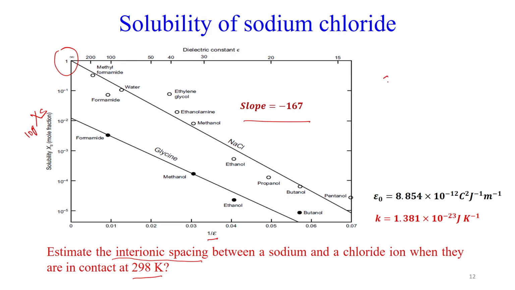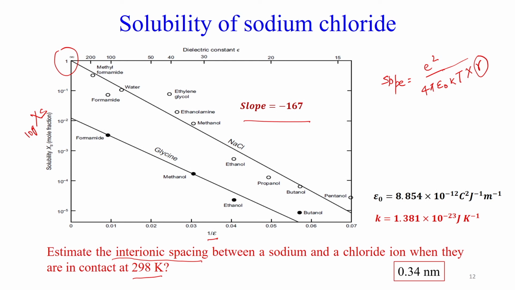So, the slope is equal to e square upon 4 pi epsilon naught k into T, of course, with r being what we are going to calculate. These are the constants, all values are known to you, so you can recalculate the value of r, and if you calculate from this slope, it comes out to be 0.34.